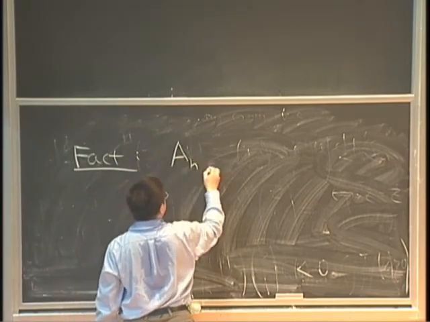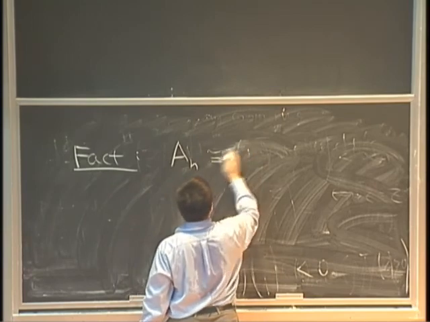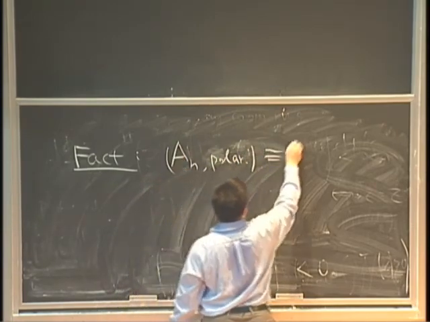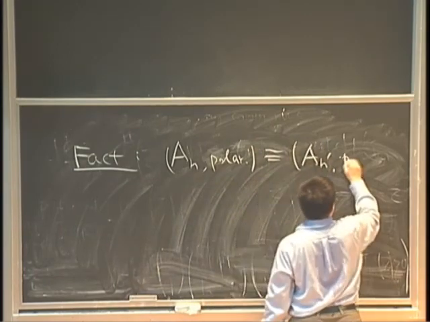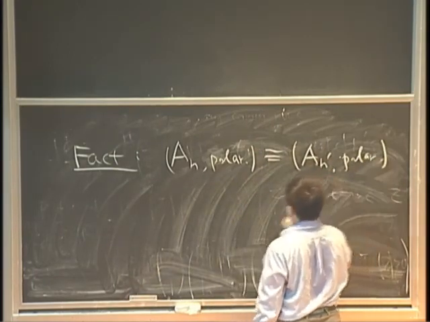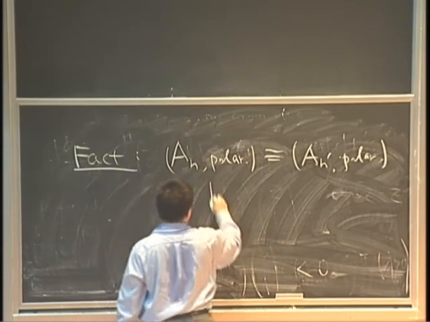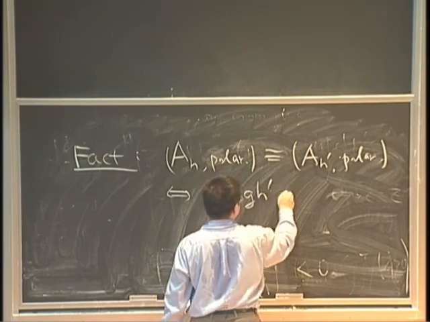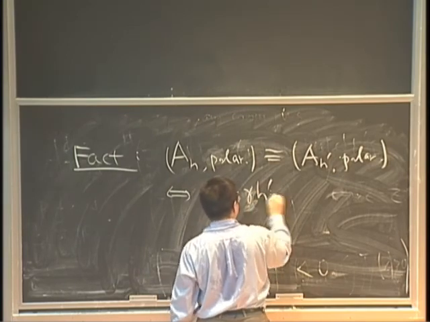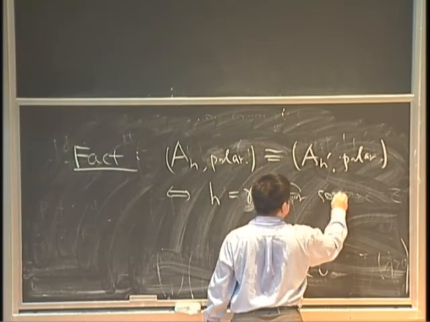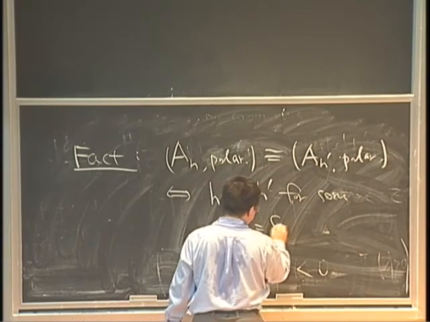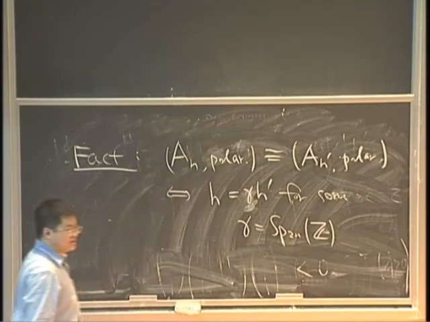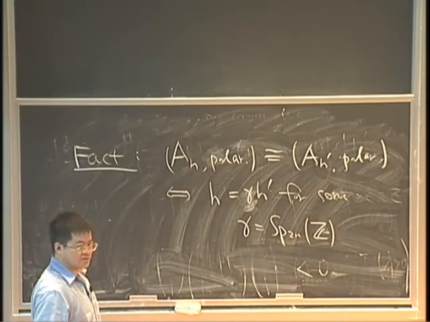A_H, with the polarization, is isomorphic to A_H' with the polarization if and only if H is equal to gamma H', for some gamma inside this very special group. And this is unusually simple. In general, if you have other groups, you don't really have such a simple-minded setup.